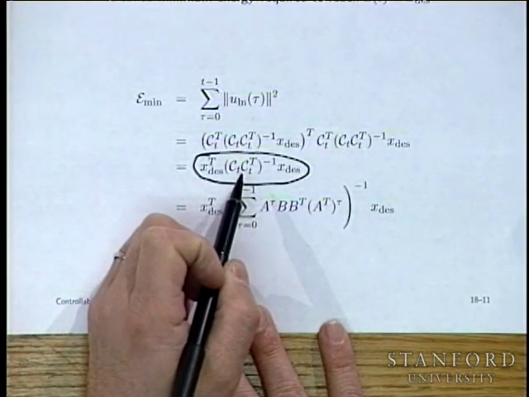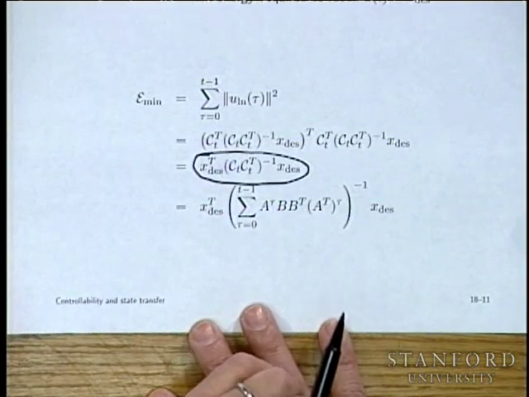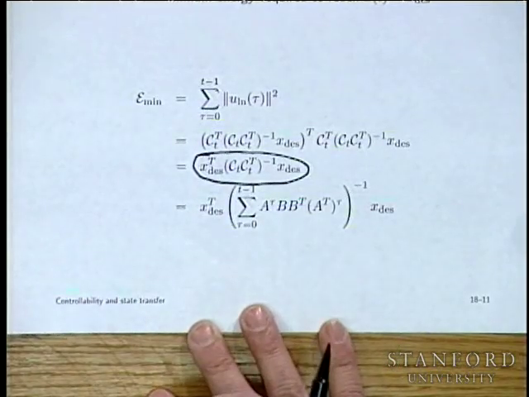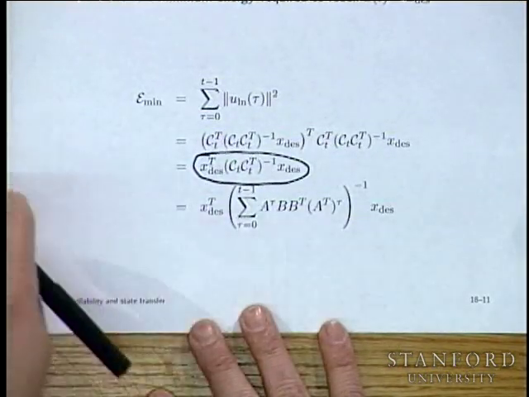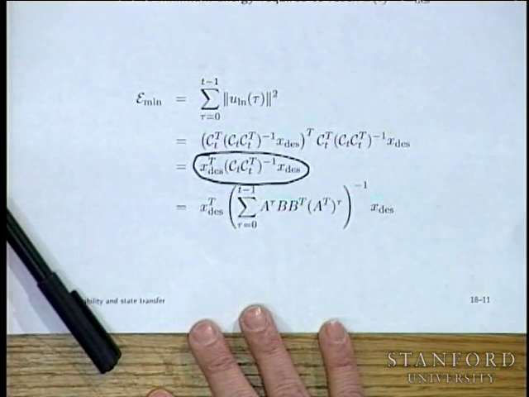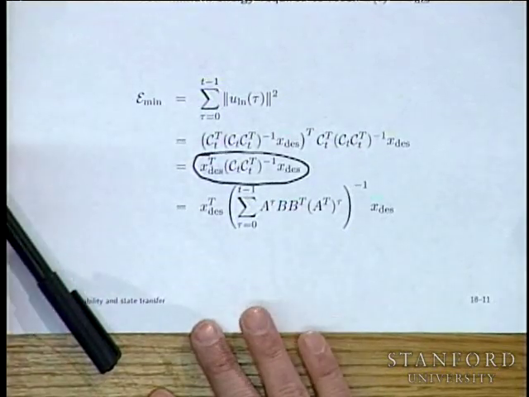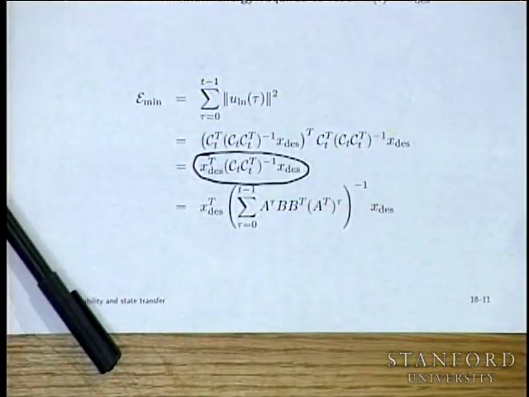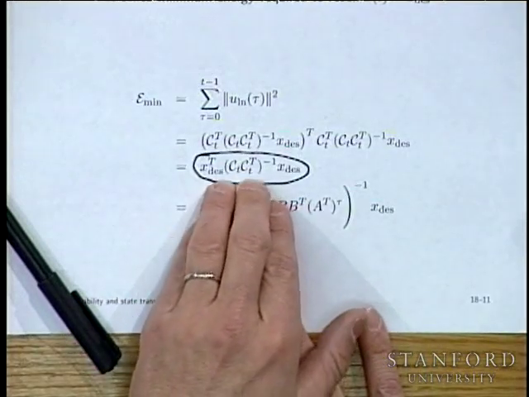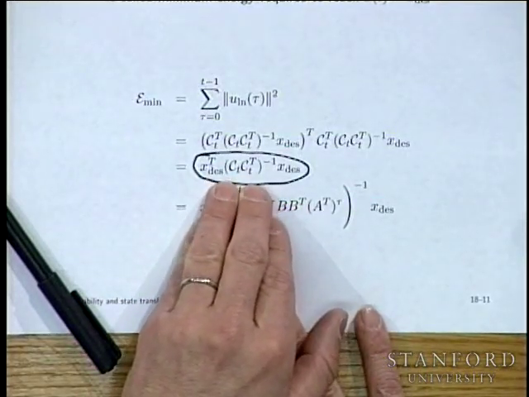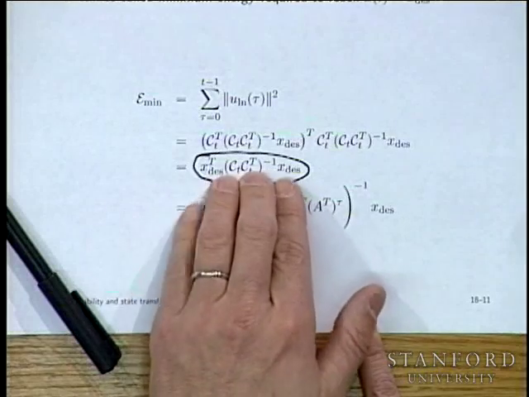Well, actually, unless c is square, which means there's a single input and t equals n. If c is square, there's only one way to hit it, so all inputs are minimum energy. But if c is fat, then it's real simple. There are lots, and you can go on a joyride and burn up a lot of energy and still arrive at x desired. So this is the minimum energy.